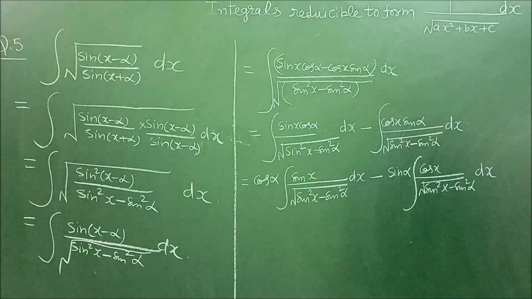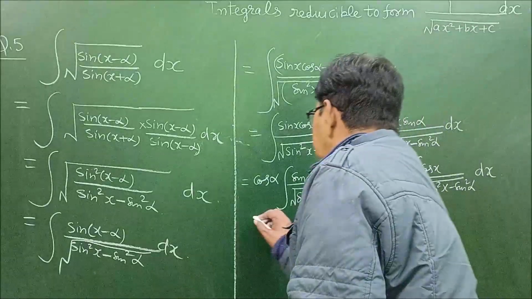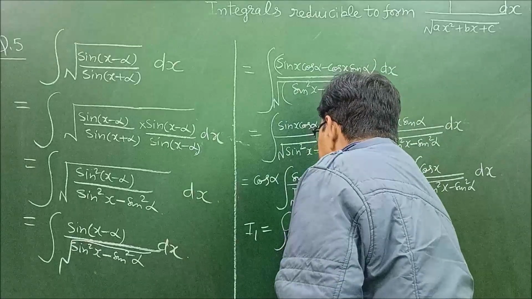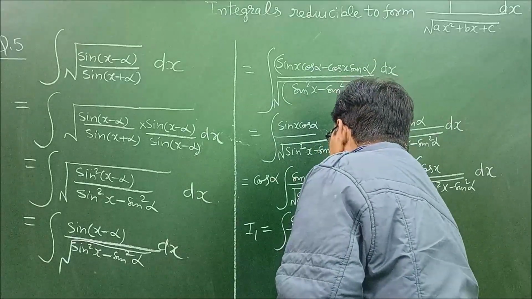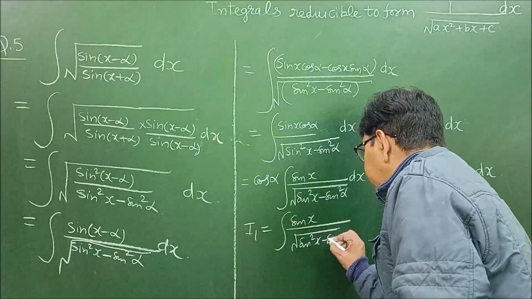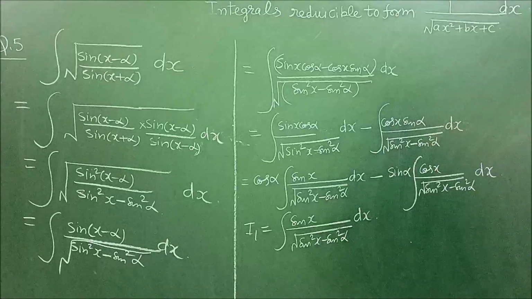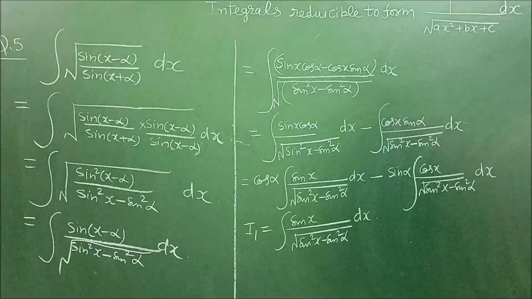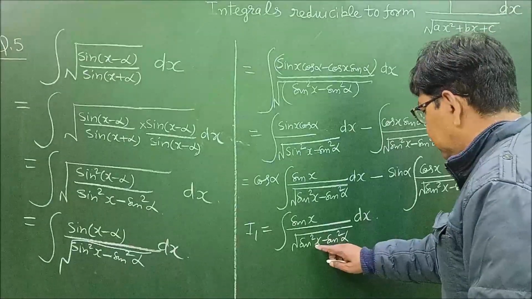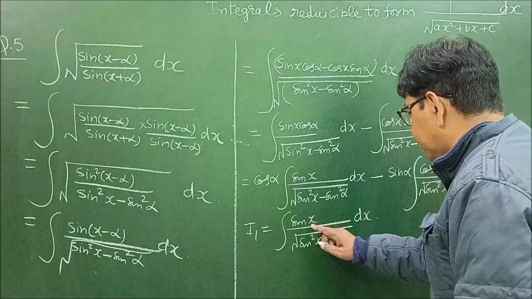Now let us solve the two integrals separately. So this integral I1 is equal to integral of sin x upon under root of sin²x − sin²α dx. Let us convert this integral in the cos form, because the derivative of cos x is sin x here.